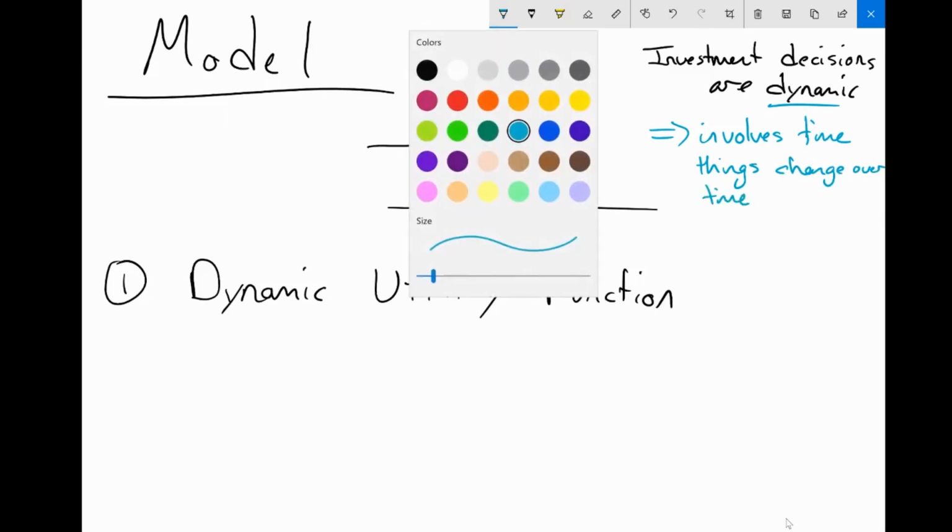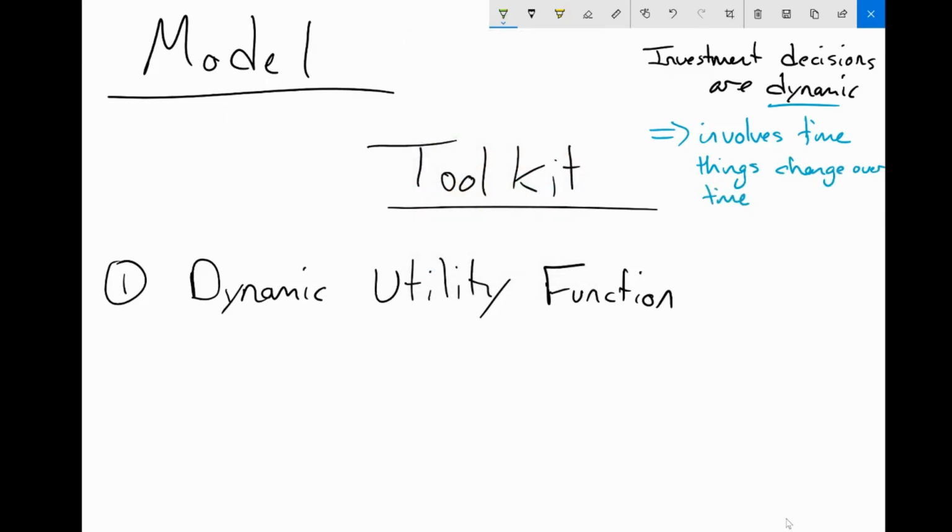And so what I mean by that is that I make a decision in the present, and it has consequences for me in the present, and it has consequences for me in the future. And so when I make a decision today, this decision will affect me today, and it'll affect me in the future.